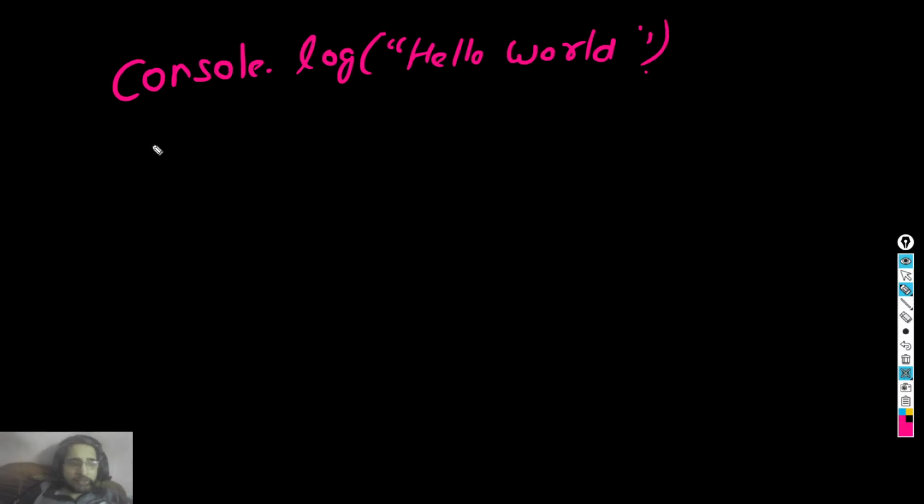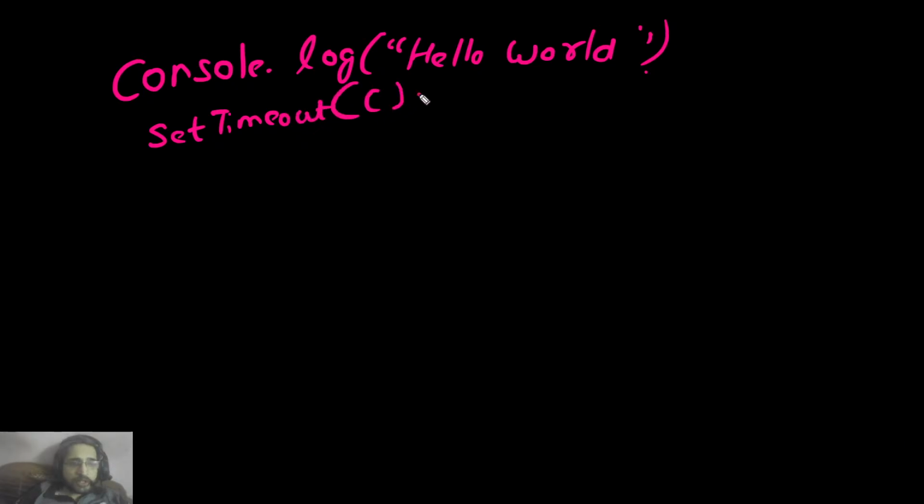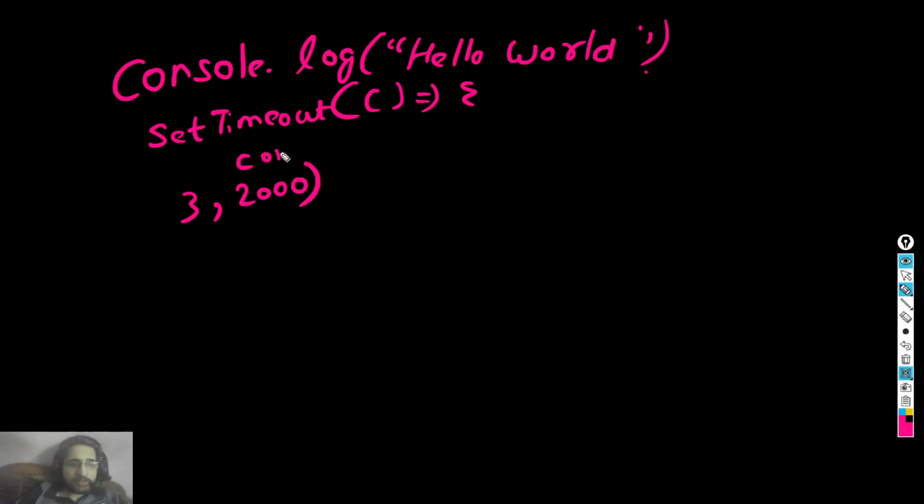And then, guys, we define this function, which is setTimeout. This is a callback function. We put a delay of 2000 milliseconds. And here we define console log callback.